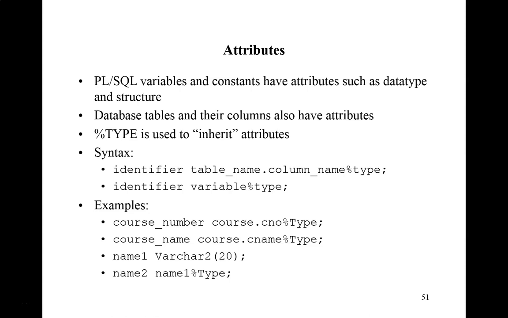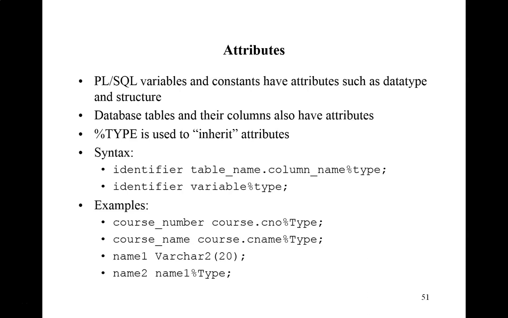This makes it ideal when we select into this variable. So if we're retrieving a value from the CNAME column of the course table, we don't have to hard code whatever its data type and size is. We can actually have the system look that up as part of an inspection of the metadata and then create our variable with the same attributes.